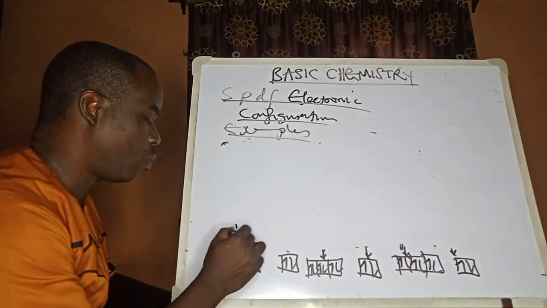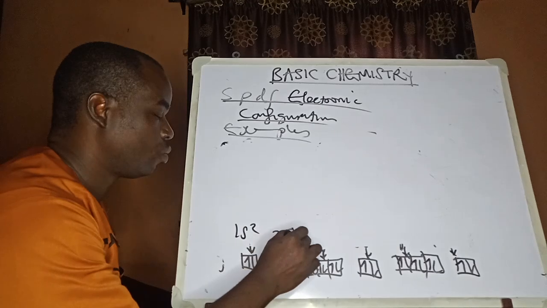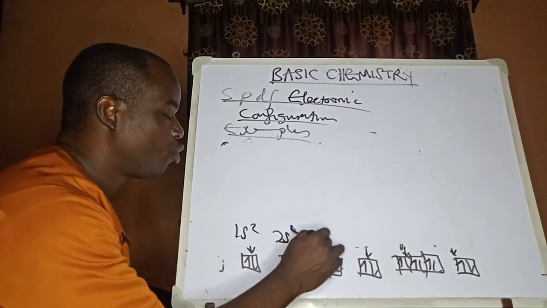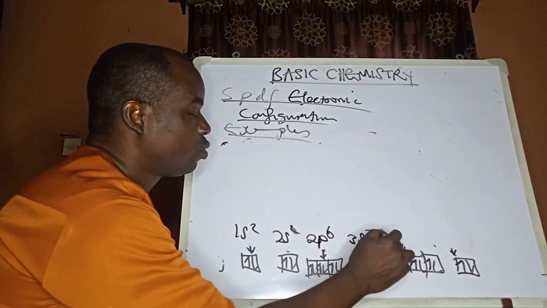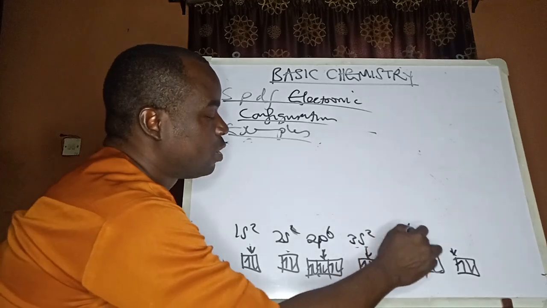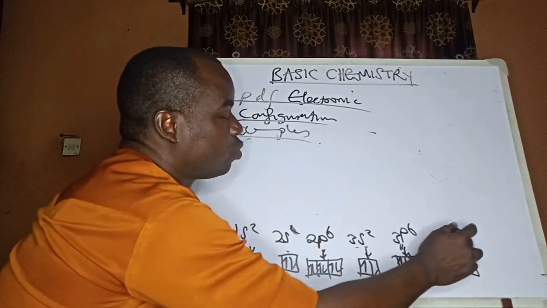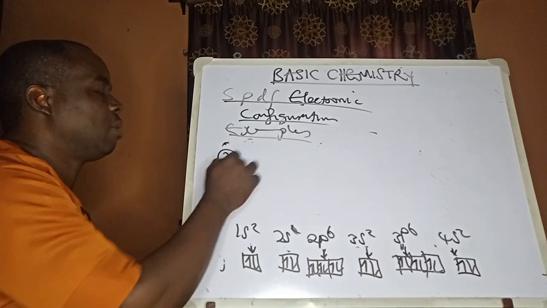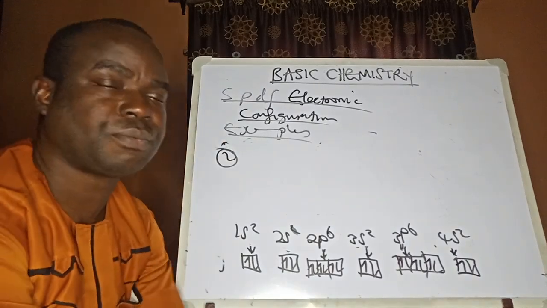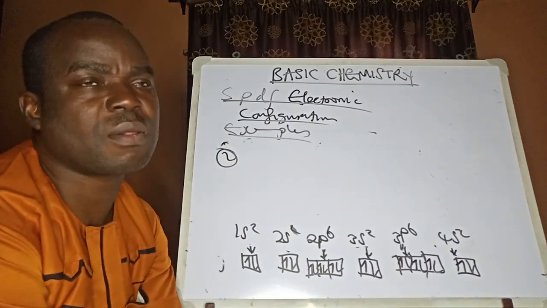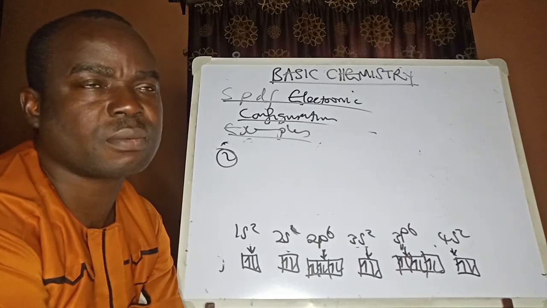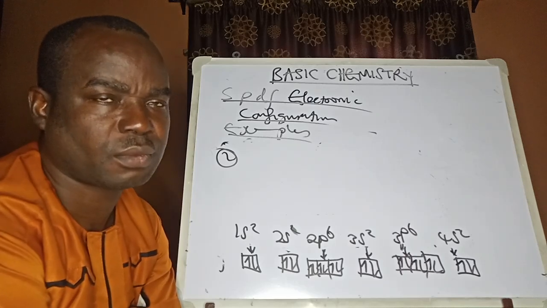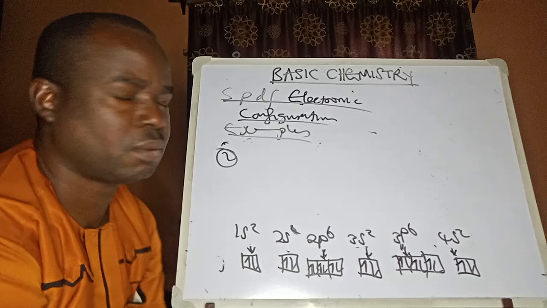So let me write this one. 1s2, 2s2, 2p6, 3s2, 3p6, 4s2. Let's pick another element. Which element do we pick now? Let us pick oxygen. Let's work on oxygen.